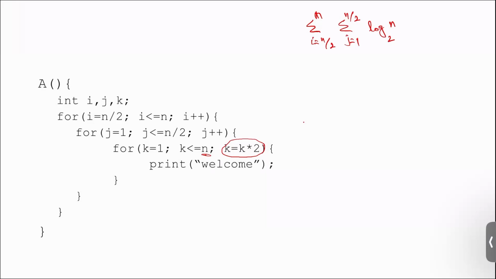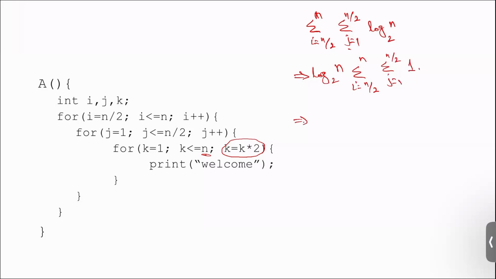So now this log n is constant with respect to j and I, so I'm going to move it out. Log n base 2, I is going to start from n by 2 to n, j is going to start from 1 to n by 2, and the remaining stuff is 1.